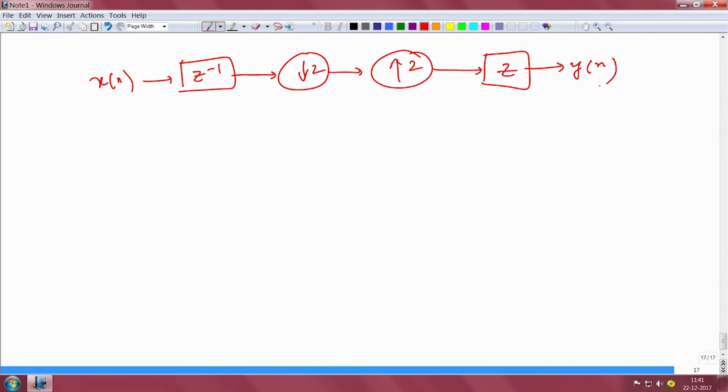Now this can be simplified. I think this is the most simplified form, and if we write this as some v of n, what we have is v of z is basically z power minus 1 x of z.